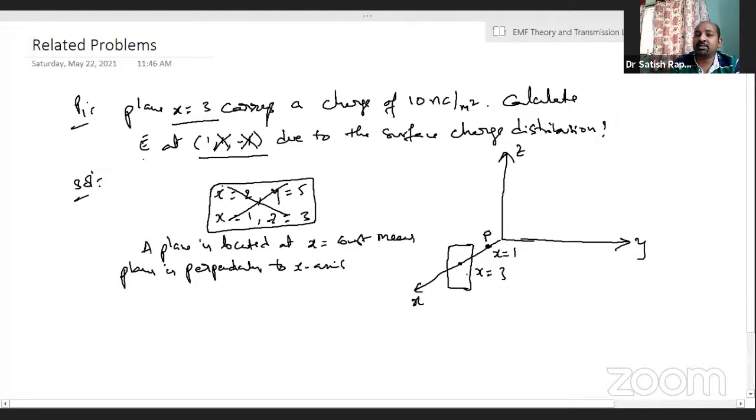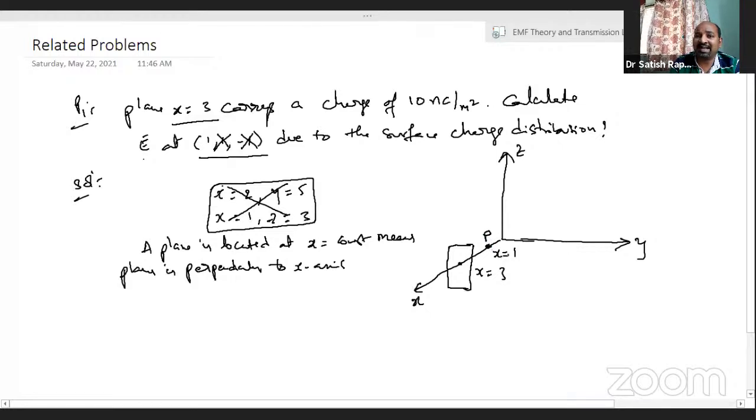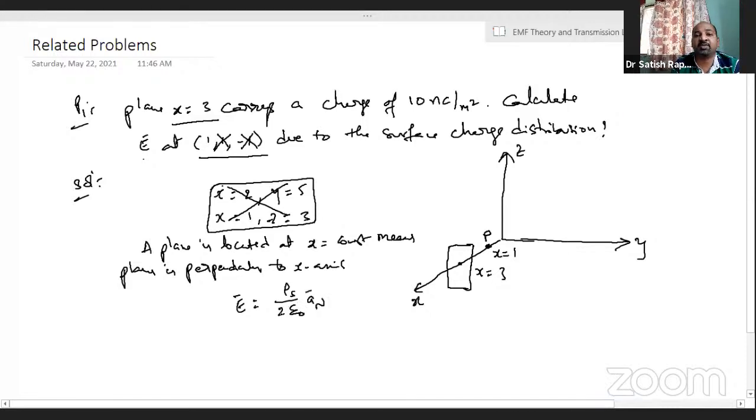So the x equal to 3 plane, and we need to determine the electric field at a point P, x equal to 1, right? So therefore, electric field E bar is equal to rho s by 2 epsilon naught a n bar. So this is the formula we know. Rho s is given, right?